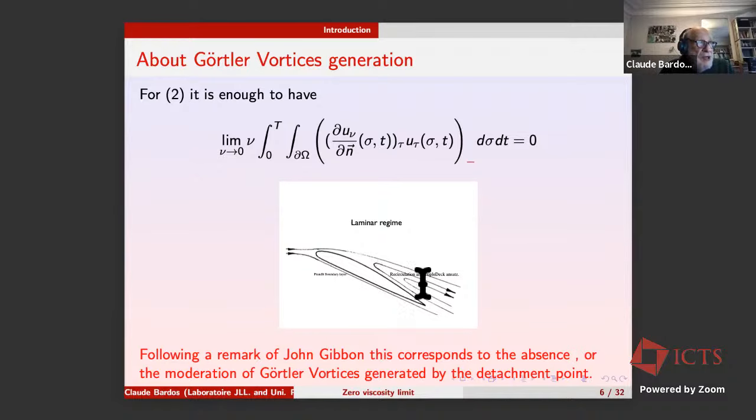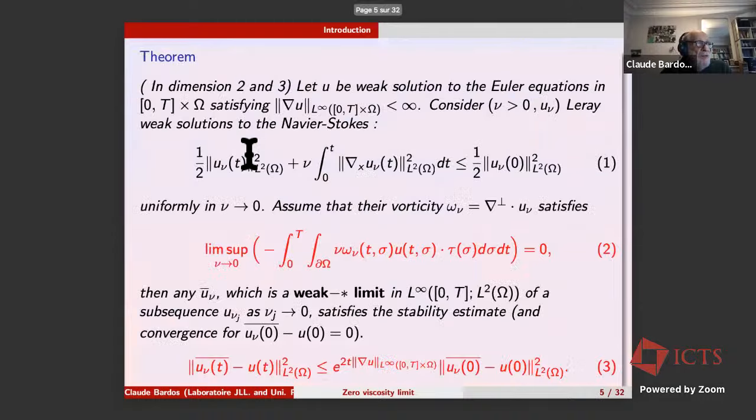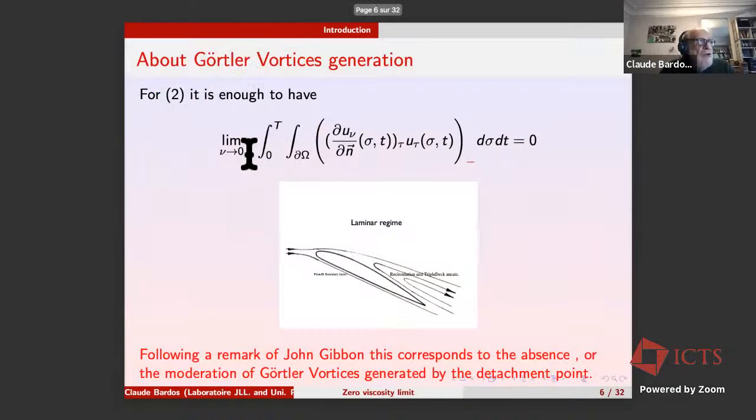And that means that in some region, which will be maybe bounded here, the velocity, instead of going all the way like that, detaches from the boundary and makes a turn. And this turn gives the bad sign for this quantity, which may make it not go to zero if it is large enough, and in particular you multiply by nu, it has to be large enough so that this goes to zero.